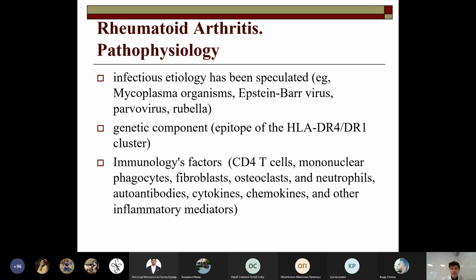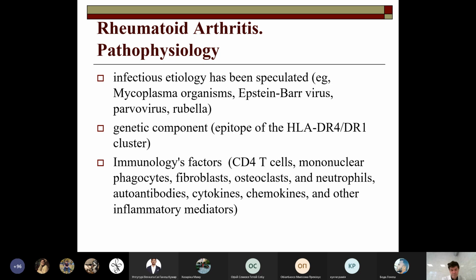So whether these compounds are confirmed, there are ideas that maybe these organisms and antigens can be the primary trigger of rheumatoid arthritis. They are not clearly understood today.